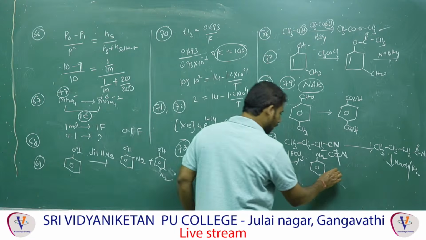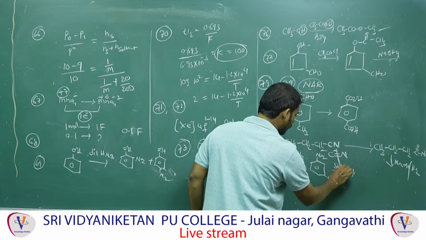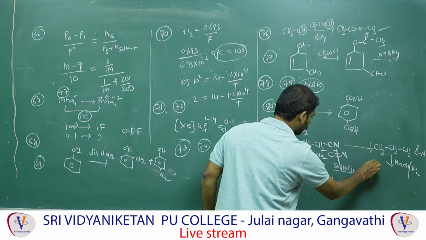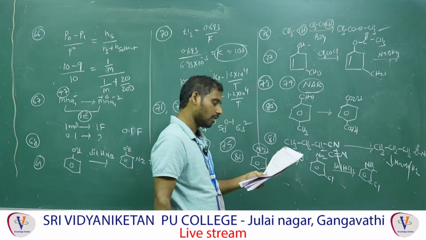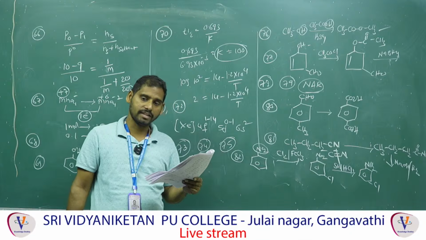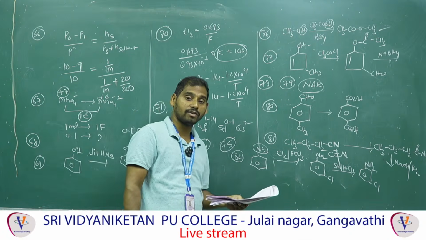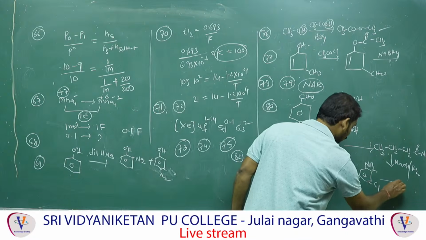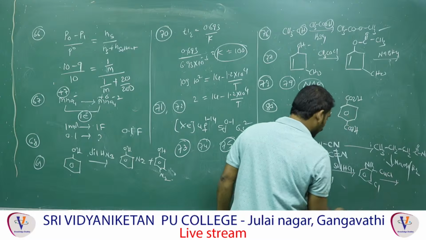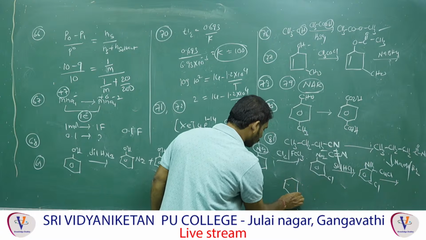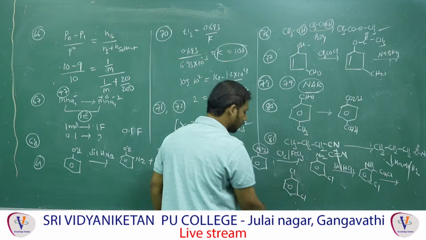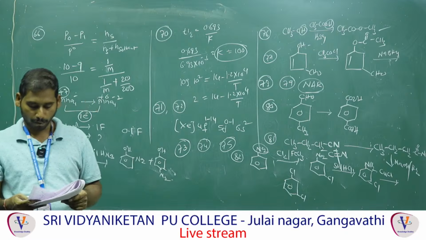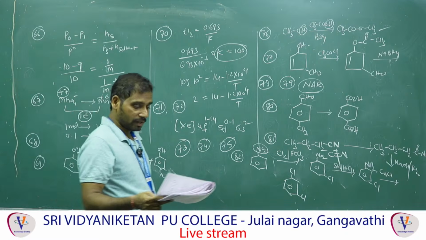Then followed by Sn/HCl. That is called reduction. Nitro is converted to what? Aniline. Then followed by NaNO2/HCl. NaNO2/HCl means diazonium salt. Diazonium salt followed by cuprous chloride is called the Sandmeyer reaction. And what can I get? Direct answer I am writing now. There, Cl and Cl. That means 1,3-dichlorobenzene. That is the second option.